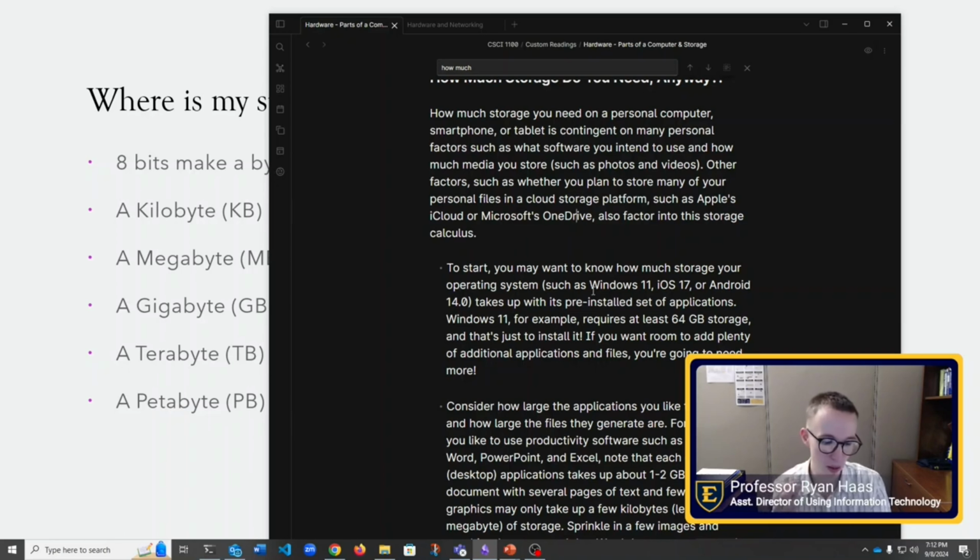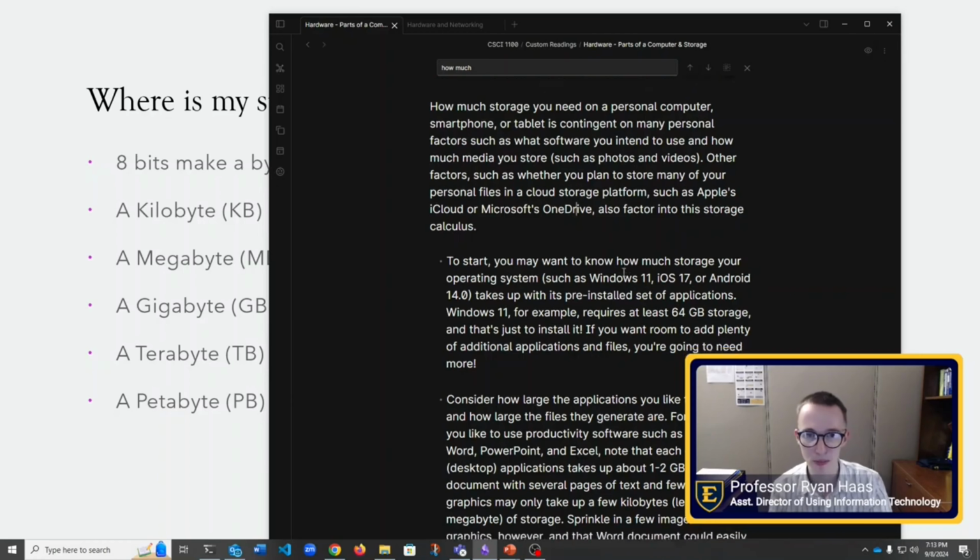So how many photos and videos and files are you currently storing? You can go through your phone and you can see, oh, I've stored 10 gigabytes in the past 2 years, right? Other factors that are going to affect how much storage you need are whether you plan to store your personal files in cloud storage, if you pay for Apple's iCloud, or Microsoft OneDrive.